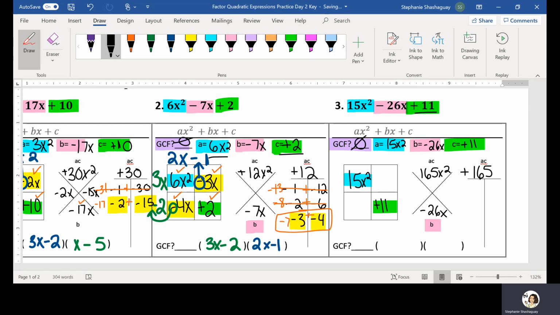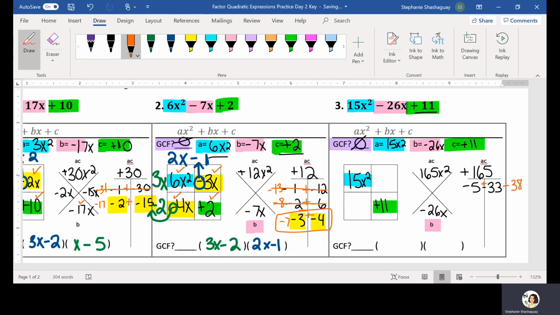Well, I know it's not going to be 165 and 1, so let's start by dividing by 5. So negative 5 and 33 are factors of 165. If I add those two numbers together, I'm going to get a negative 38. Well, negative 38 is not the number that I'm looking for.